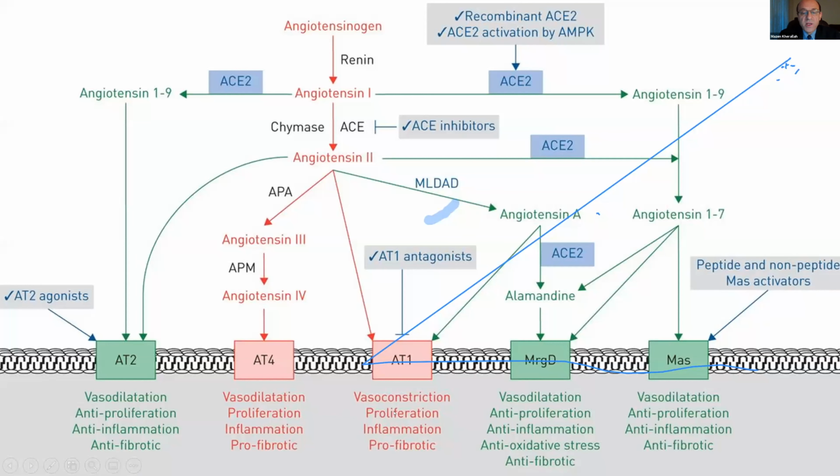We see proliferation, inflammation, and fibrosis. So I want to say that there is a balance in the lungs between the receptors for the angiotensin compounds. And this balance is what keeps the lungs at a steady state without increased inflammation.